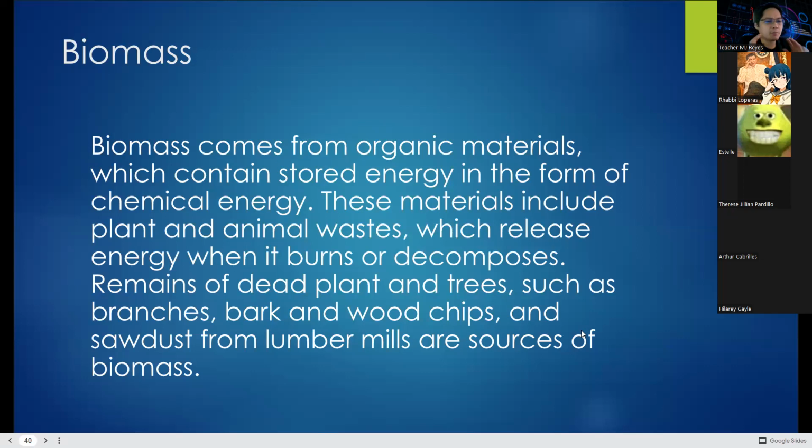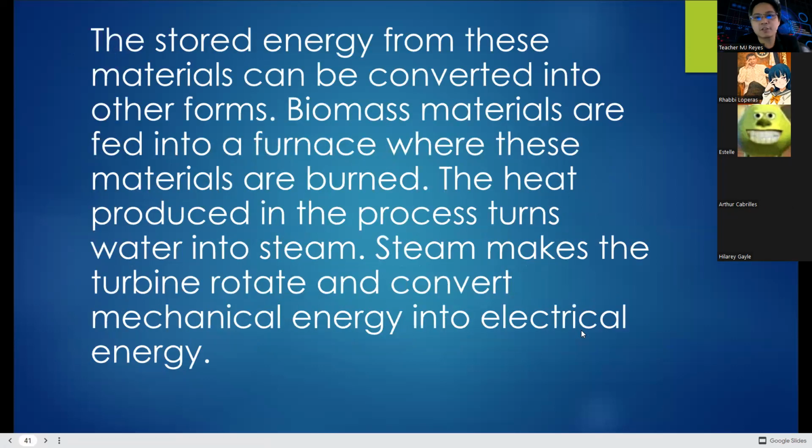So again, we are now maximizing the natural remains, or organic materials. The stored energy from these materials can be converted into other forms, because energy can be transformed from one form to another. Meaning to say, we can convert this into useful energy.